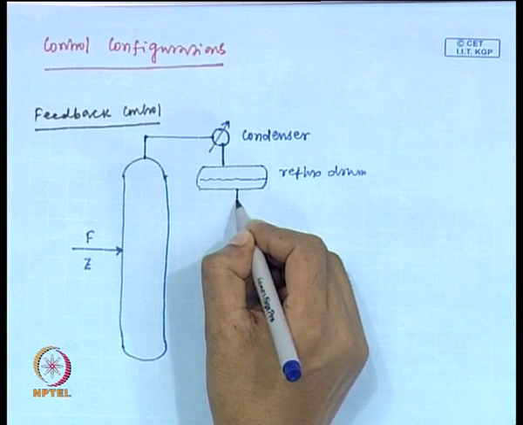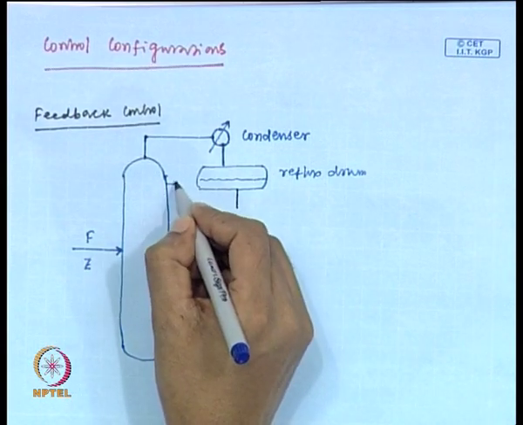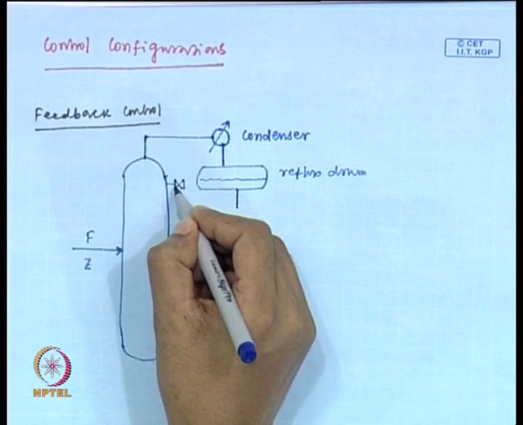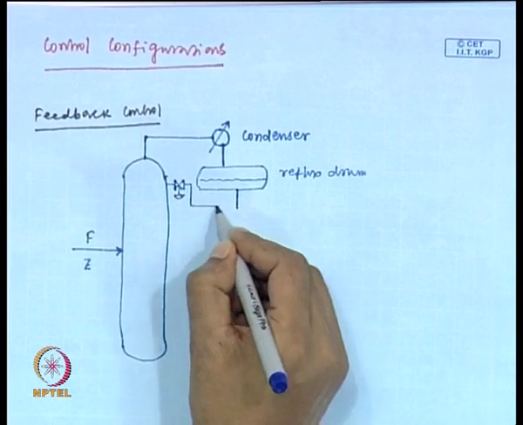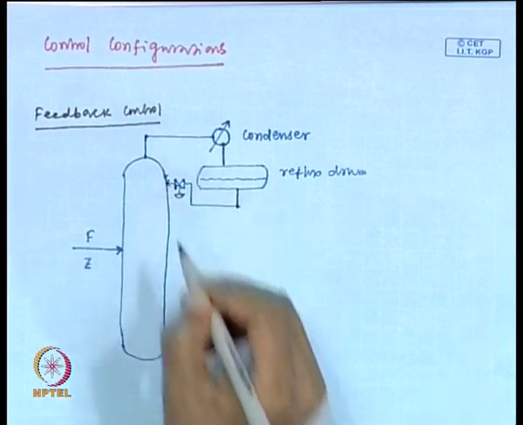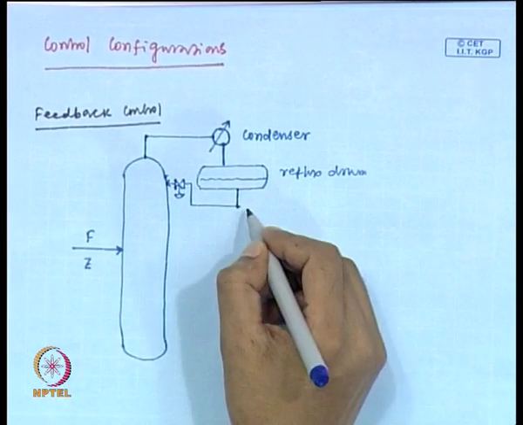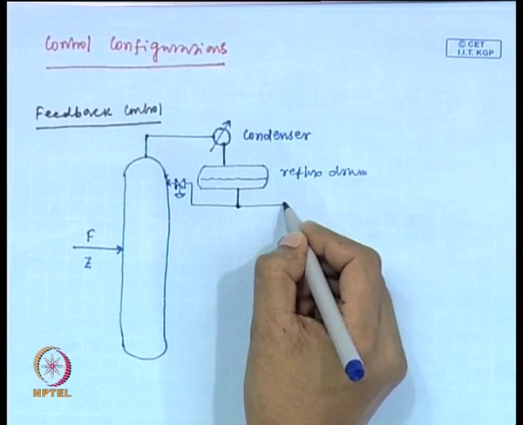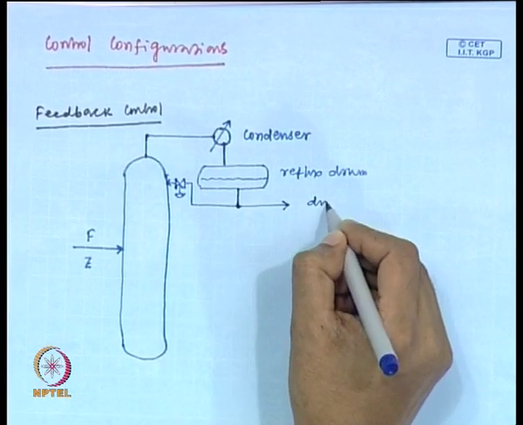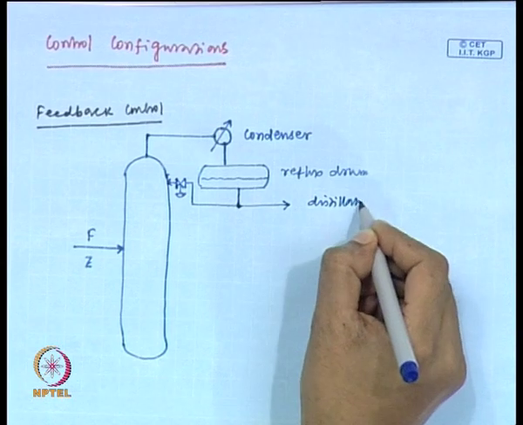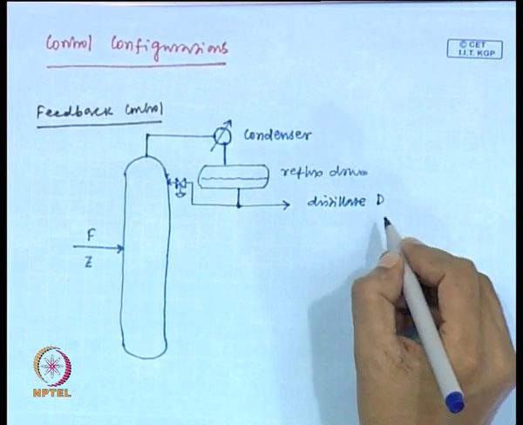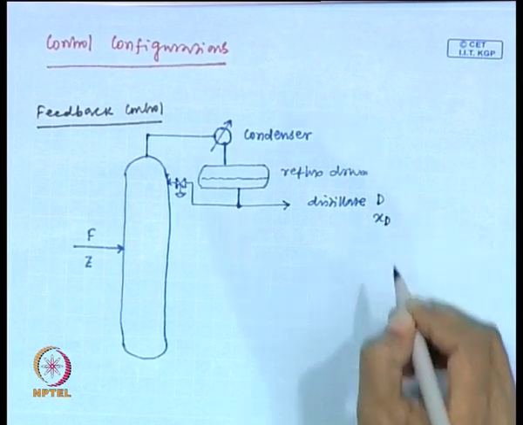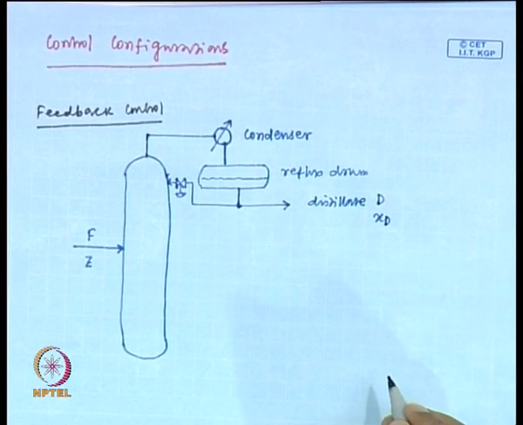A part of this liquid is recycled back to the top section of the column, and a part is withdrawn as distillate with flow rate D and composition XD. Composition means mole fraction here.